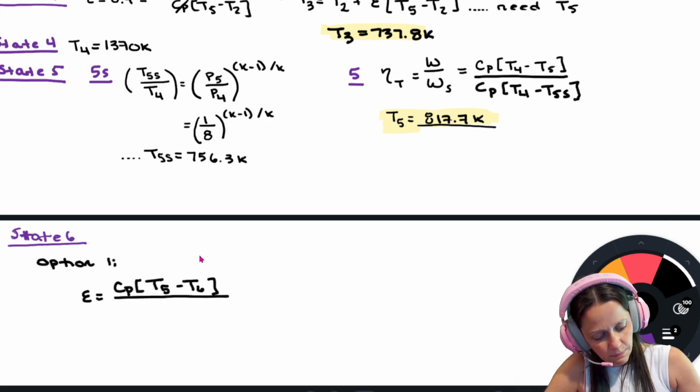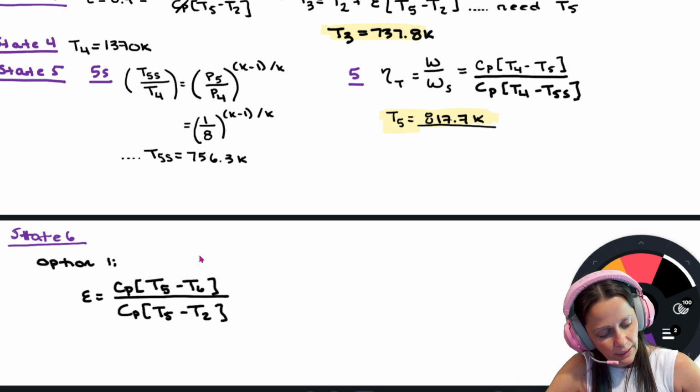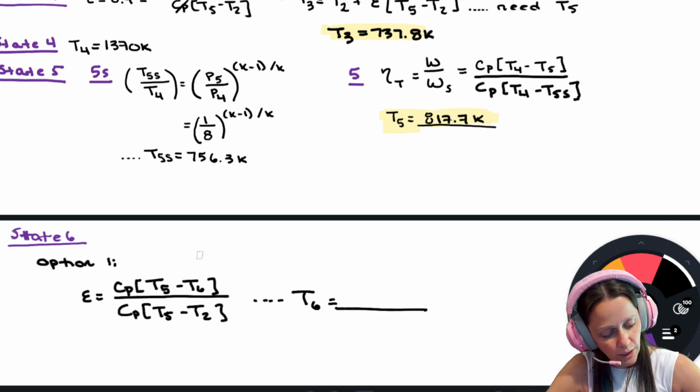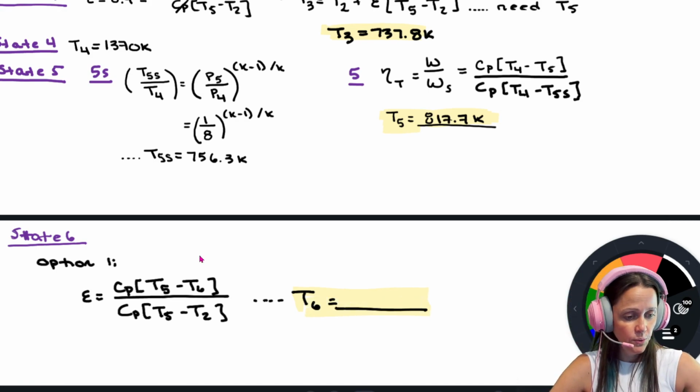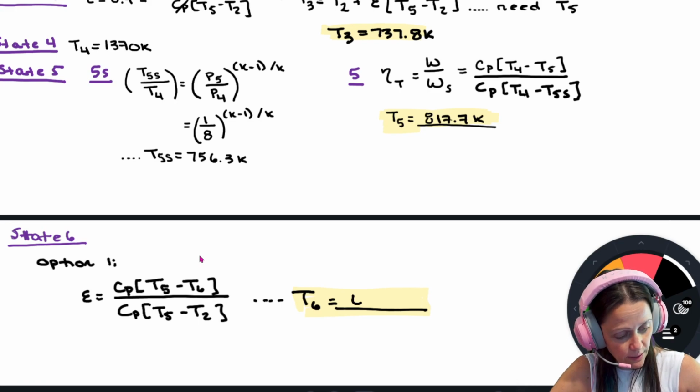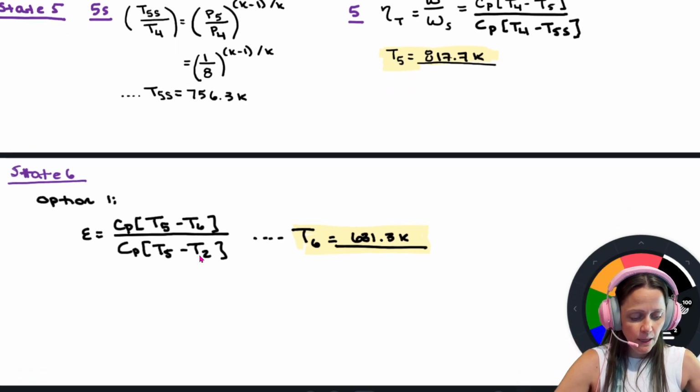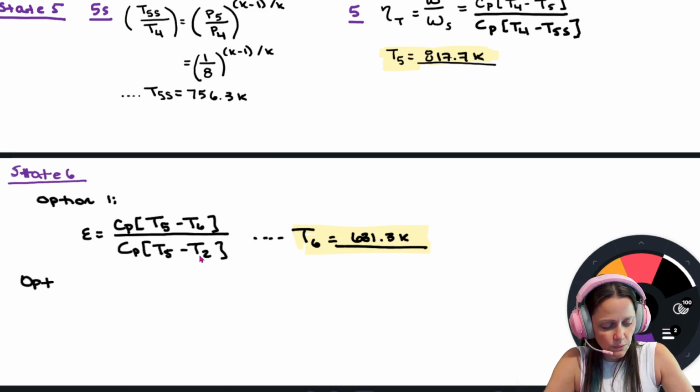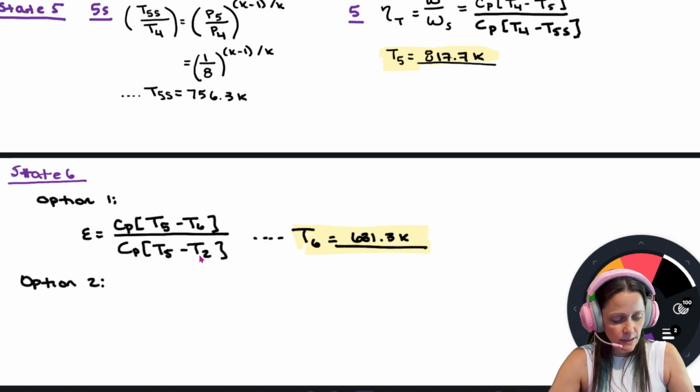On the bottom, CP times (T5 minus T2). And so you can get a T6 that way. That's option one. When I do this, I get 631.3 Kelvin.